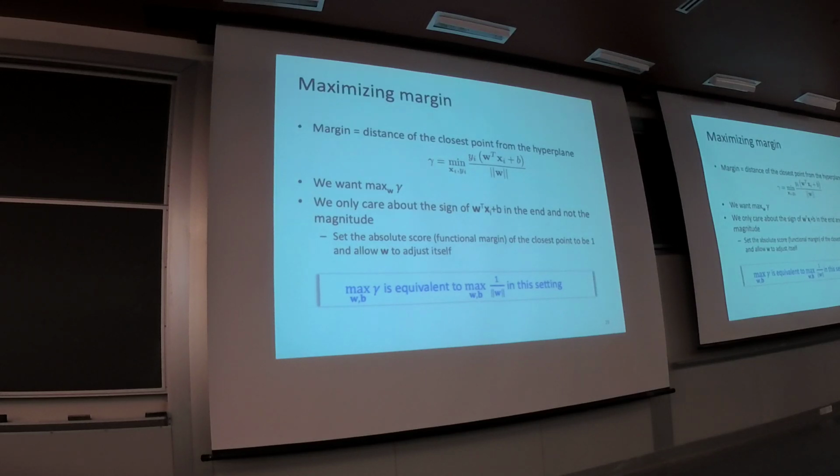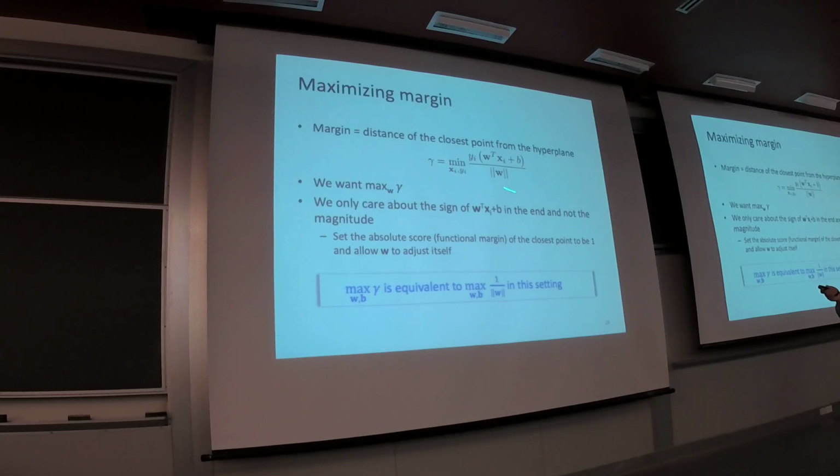We just directly translate this learning principle. How do we maximize the margin? First we look for the mathematical definition of margin. Margin is defined as the distance of the closest point of data from the hyperplane. So when we write down the margin in mathematical formulas, we write it as a minimization over all the training examples of the distances between the points and the hyperplane.